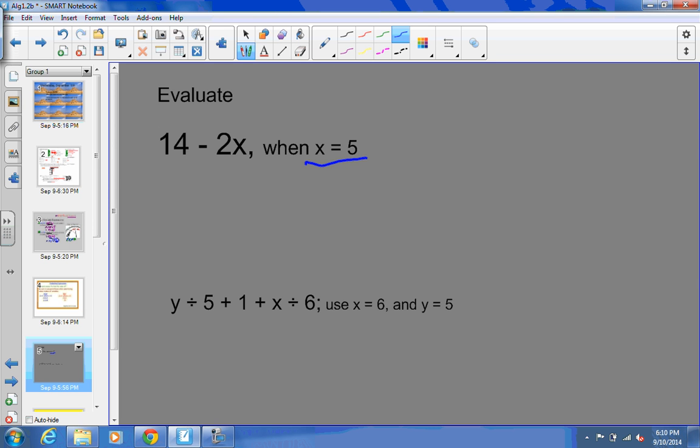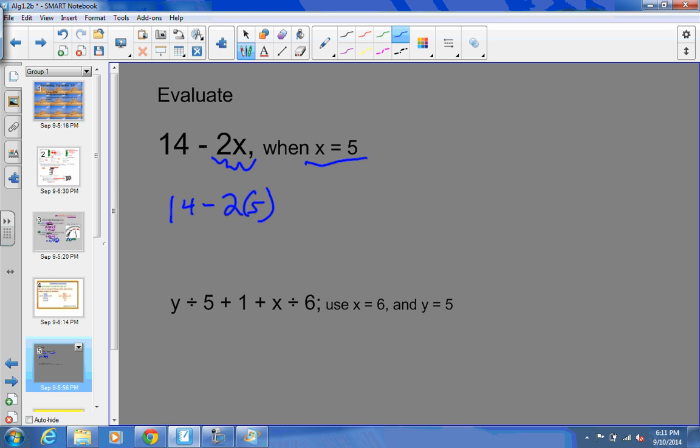There's only one variable, and so you plug in the 5 for the x, and since this 2x represents multiplication, don't just plug it in and make it 25. You actually have to use multiplication. So 14 minus 2 times 5, since that's what we're plugging in. And then that's what we simplify.